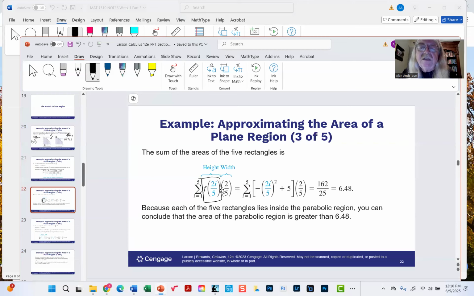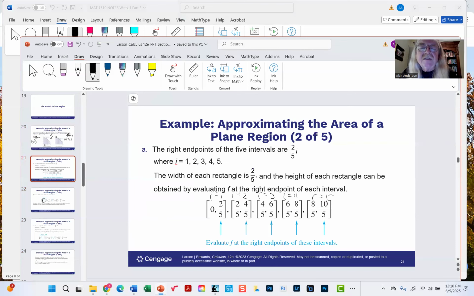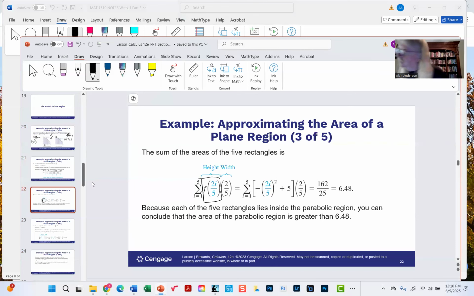So therefore, what they're saying is, well, the function itself is minus x squared plus 5. So therefore, within here, we're going to have minus 2i over 5 squared plus 5. That's for the height of each rectangle. And then the width is always 2/5. So they're using the results we had earlier to come up with this number.